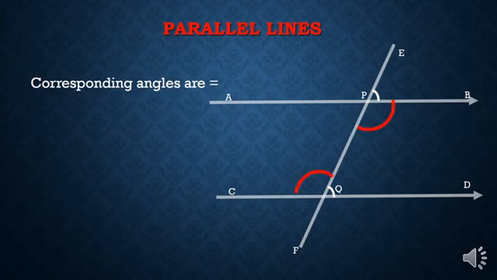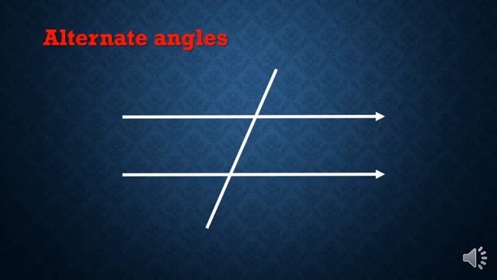These two red angles are alternating angles. Let's take a look at the other alternating angles. Alternating angles are on either side of the transversal, but in between the parallel lines.